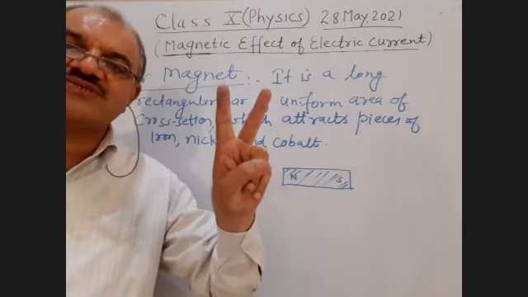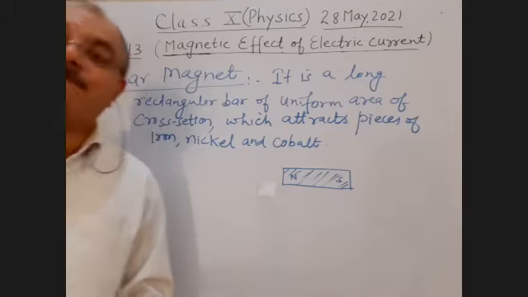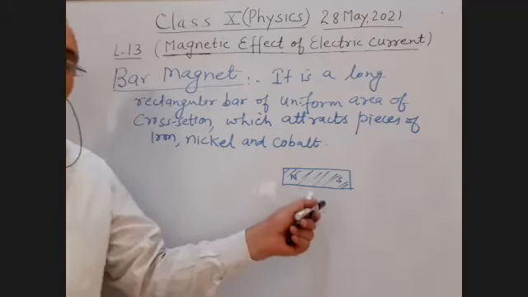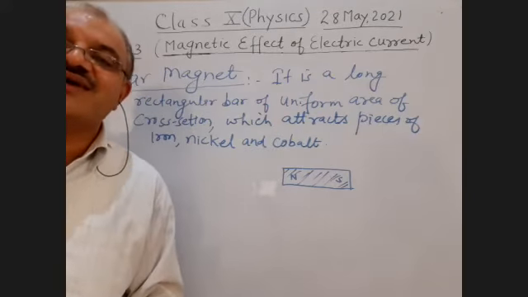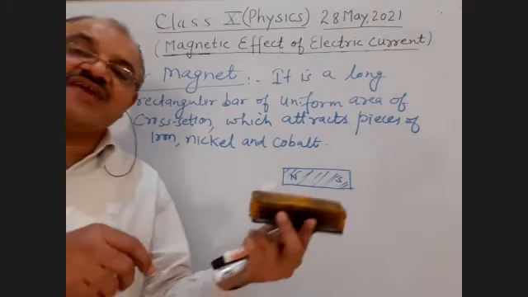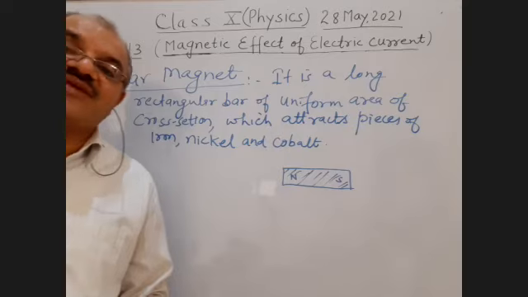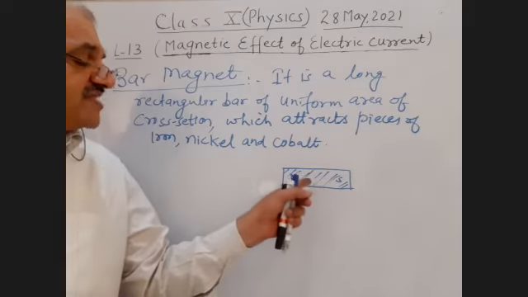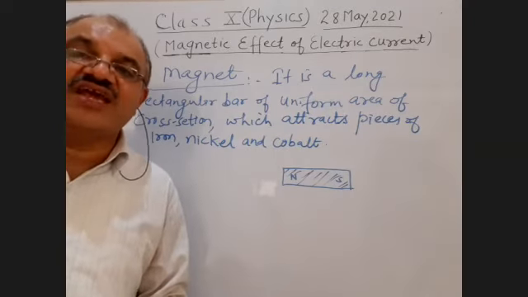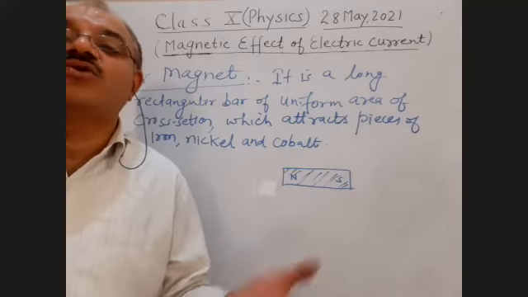And ultimately, students, the beauty of this bar magnet is that when it is suspended freely, for example, if I tie a thread in the center of this bar magnet, please listen carefully, and if it is suspended freely, then it will always point toward the north and south.